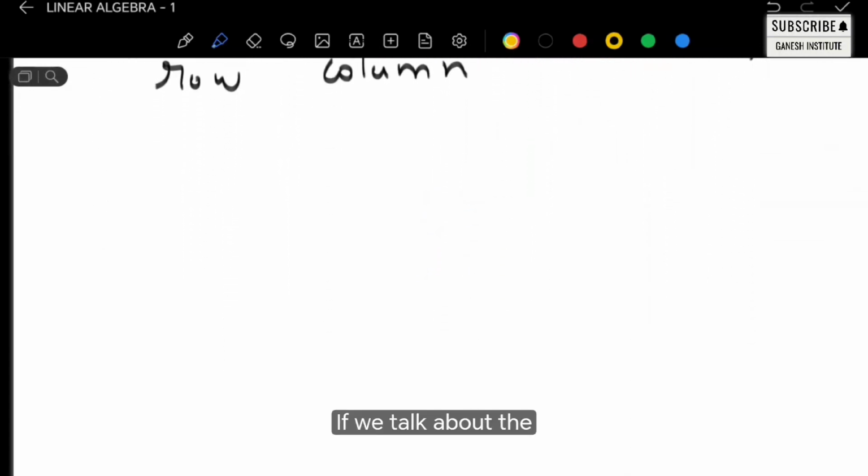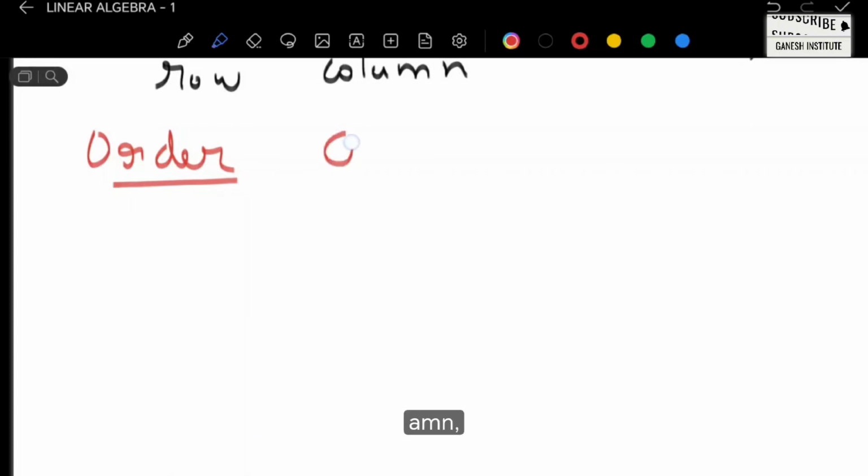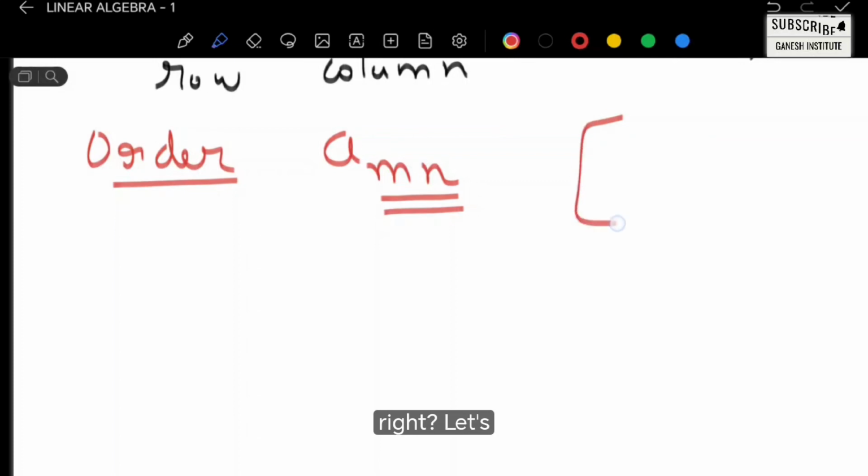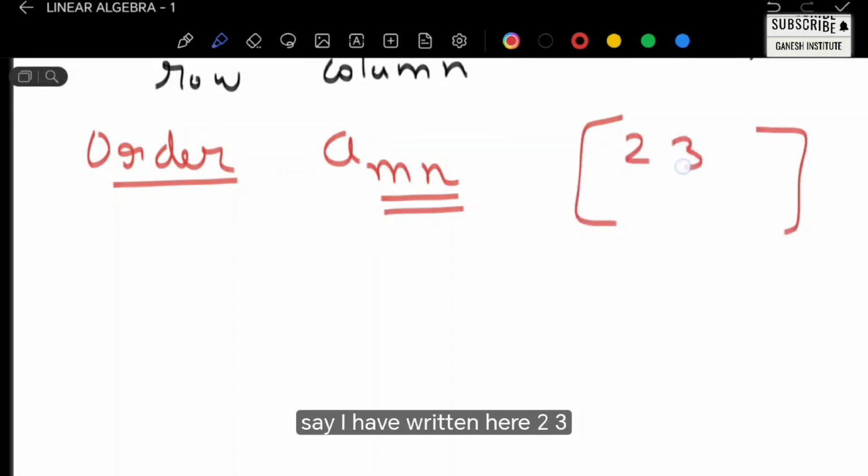Now, if we talk about the order of a matrix. When we say a_mn, this mn is the position of the element, right? Let's say I have written here 2, 3, 4, 5, 6, 7.